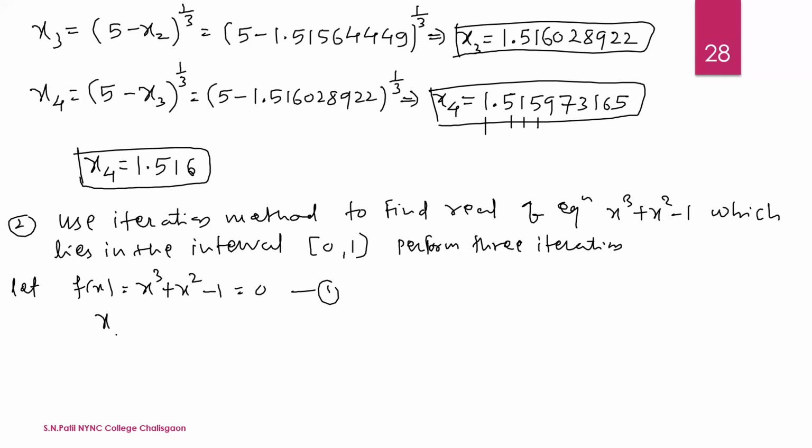Let x naught is equal to a value that belongs to the interval 0, 1. It may be 0, it may be 0.1, 2, 3, 4 up to 1. Now here I am selecting 0.6. Okay.